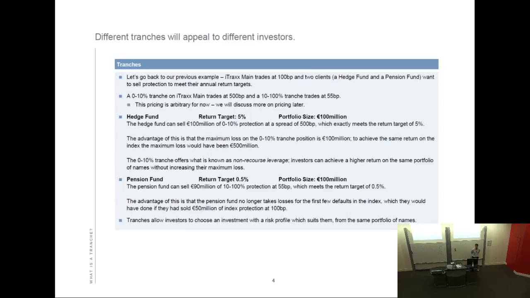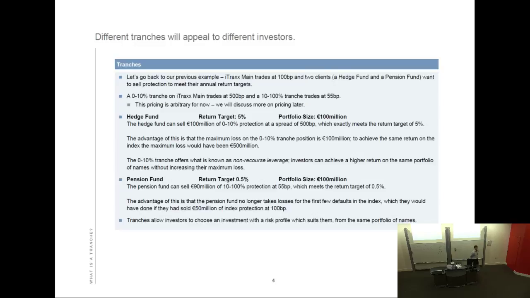Now the hedge fund will be quite happy probably to sell 100 million on this equity tranche because the spread is 500, so he precisely matches his return target by selling the protection on that tranche. Now his maximum loss is just 100 million he has, so there should be no problem in executing that trade.